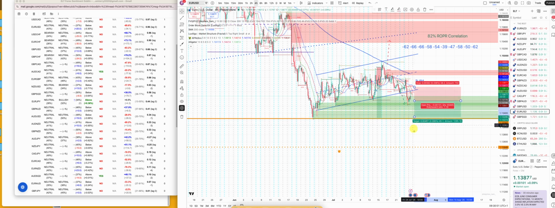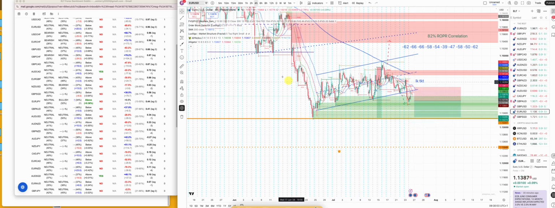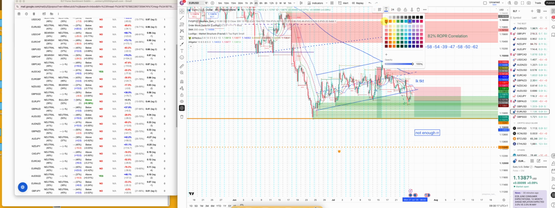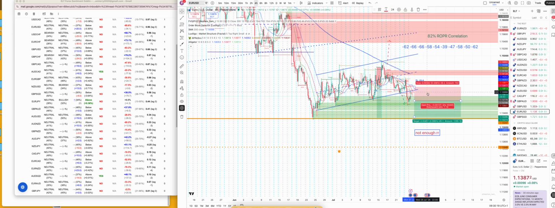Not enough risk to reward. It's not tradable for me, but that's an idea. That is only 1.18 reward.